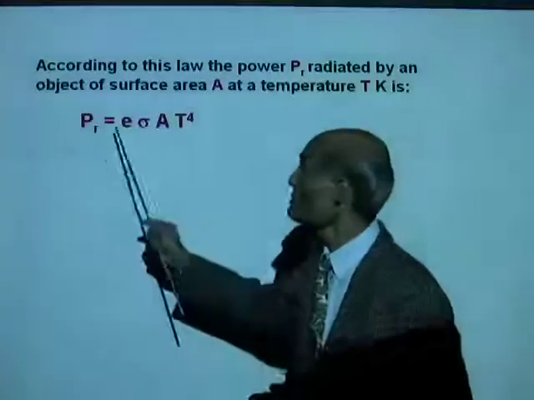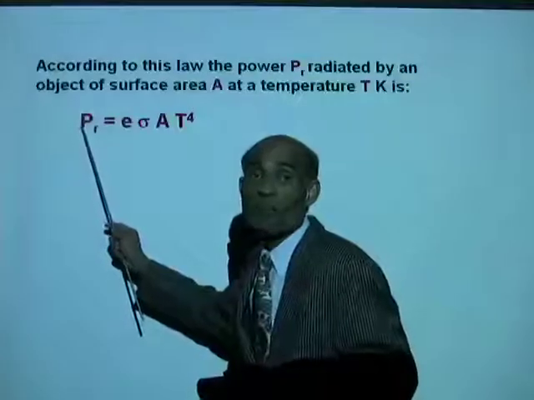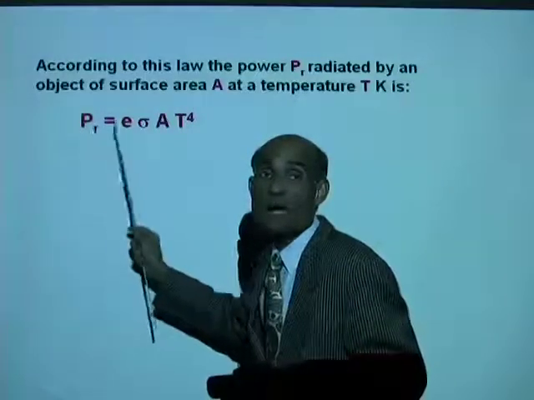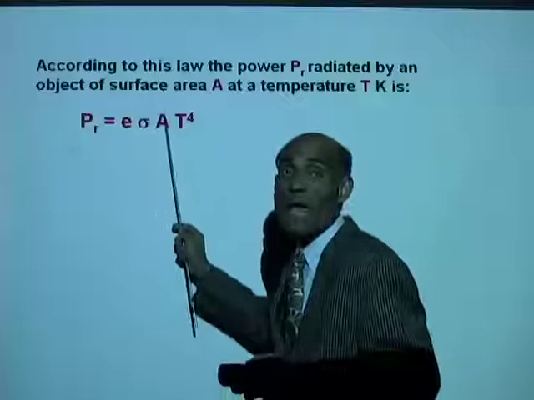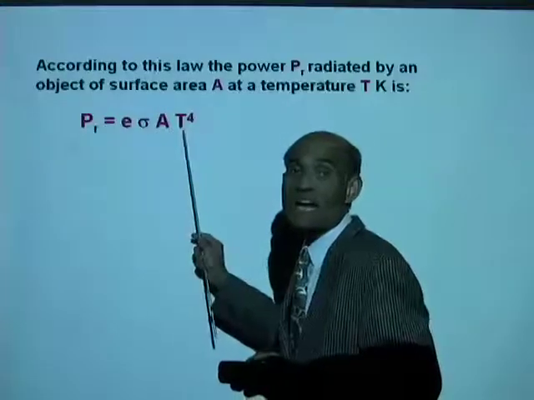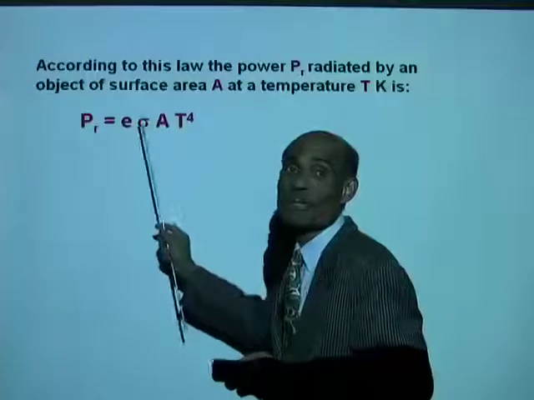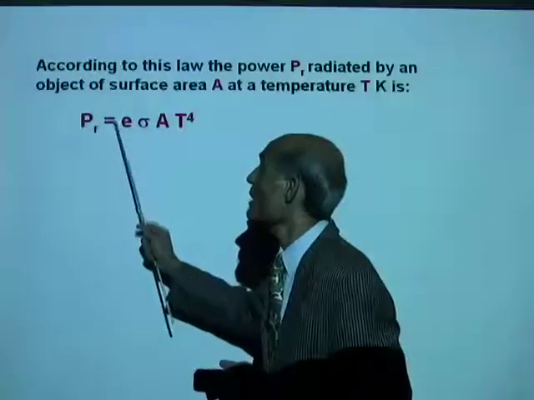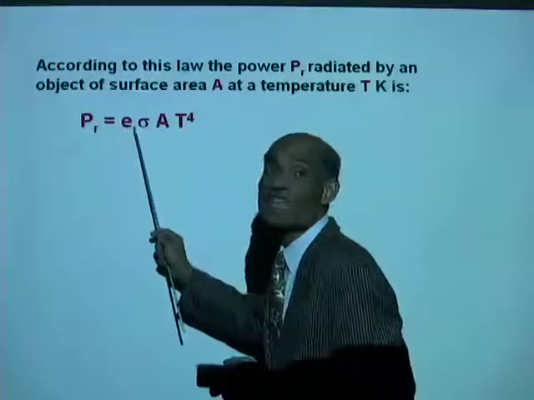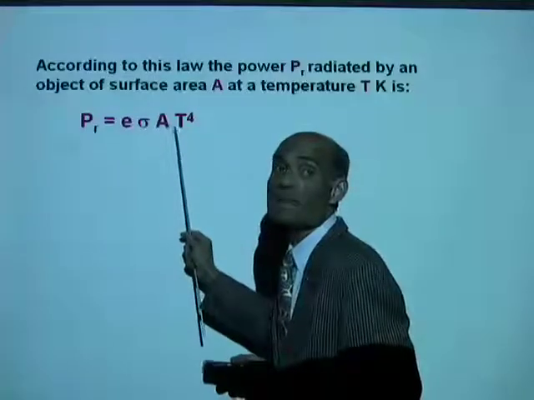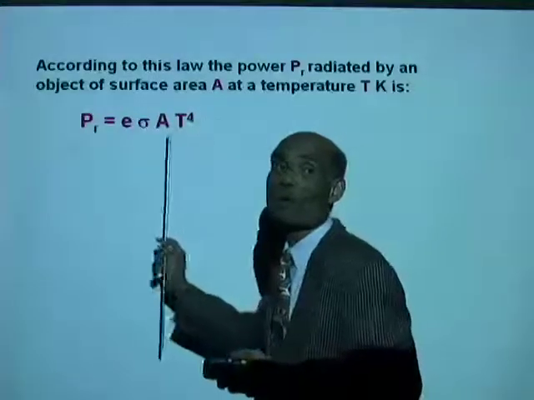The law simply says the amount of power radiated by an object of area A maintained at a temperature T, that is Kelvin temperature, is given by P sub R equals E sigma A T to the power of 4.